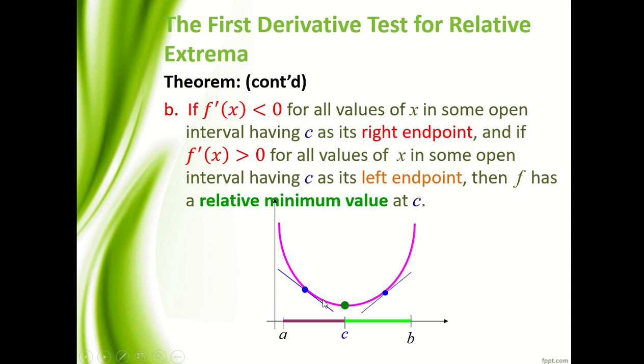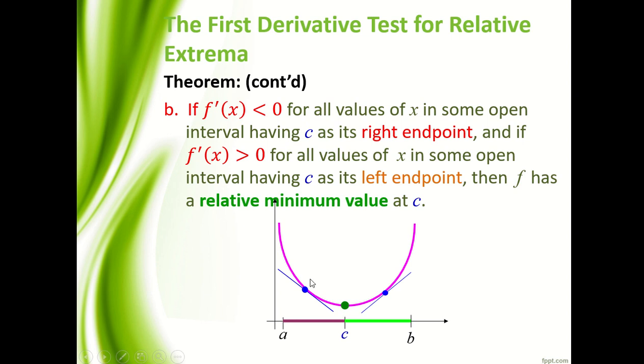Okay, so from negative, then we know that at this point of tangency, the slope is 0. So negative, then 0, then positive. So it changes from negative to positive. So we have what we call the relative minimum value at c.